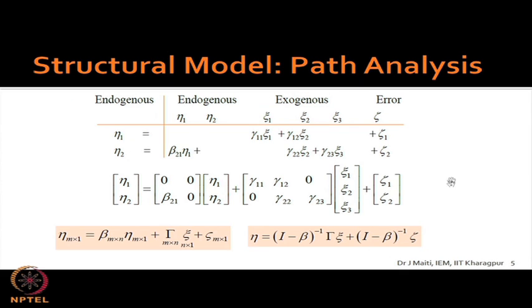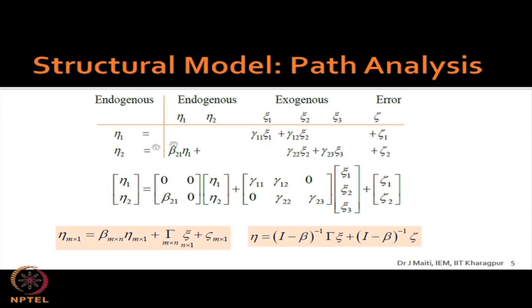When you write the path equations, please keep in mind that your structure of writing the equation will be like this. It will help you come to the matrix form, and then it will be easier for you to understand how many parameters related to beta, how many parameters related to gamma, and how many covariance parameters you have to estimate.